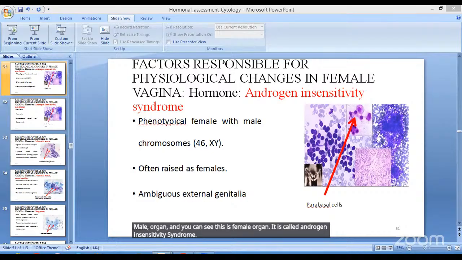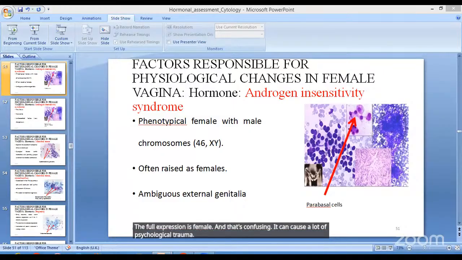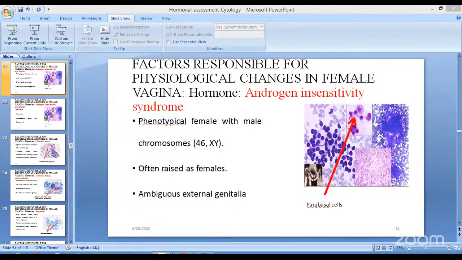Androgen is not having any effect. Though congenitally the individual is supposed to be male, all the effect is null and void. The full expression is female, and that's confusing. It can cause a lot of psychological trauma and crave for suicide.